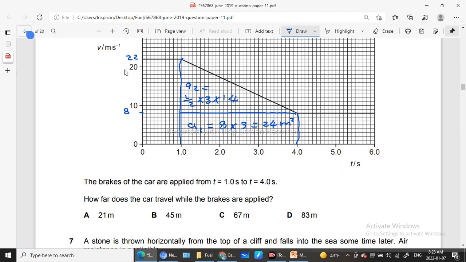The difference, 22 minus 8, is 14, and this equals 21 meter squared. So the total is 45 meters squared. It represents the covered distance, which is 45 meters.